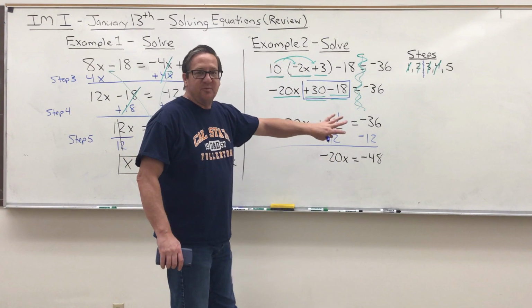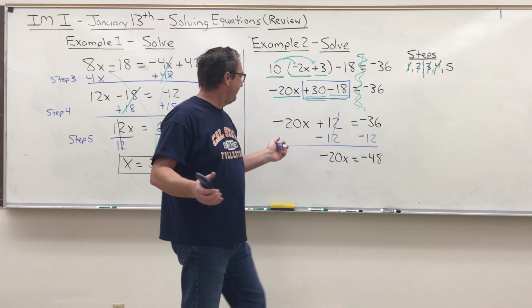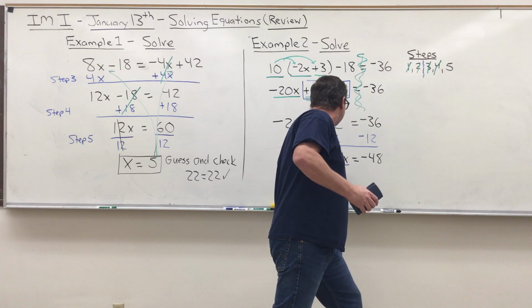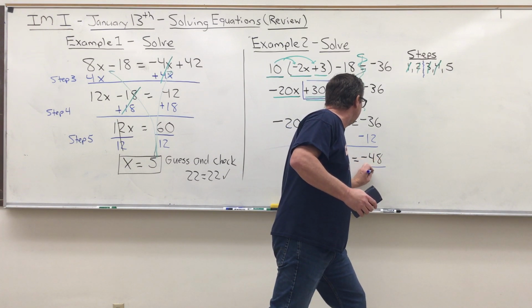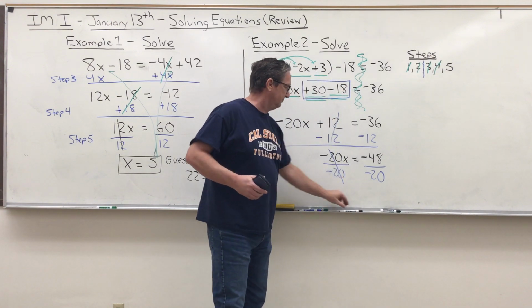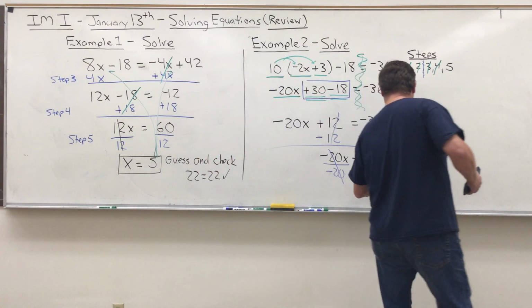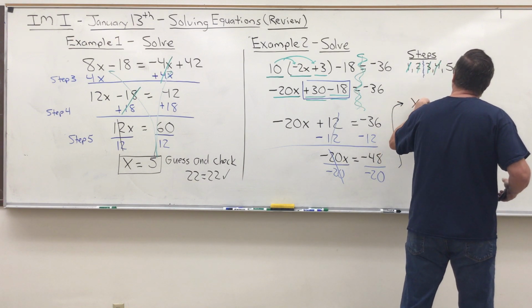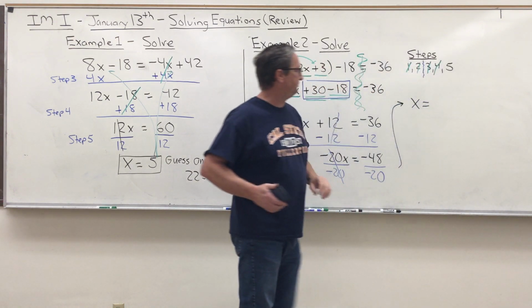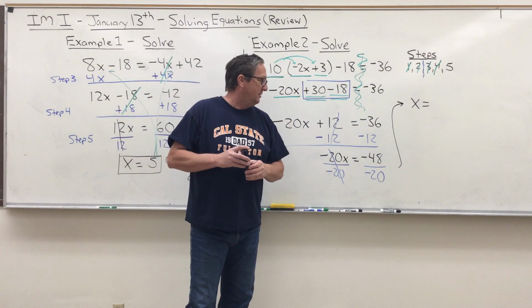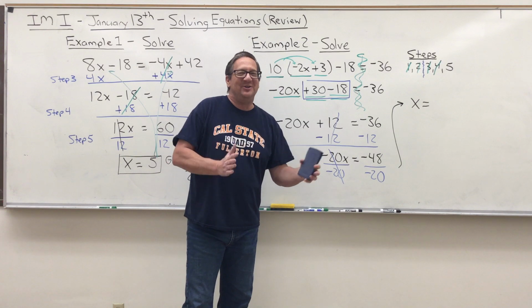And step 5, I'm running out a little bit of room, but we can fit in step 5. Step 5 says multiply or divide by the exact same number. We're going to do this more in the next week.